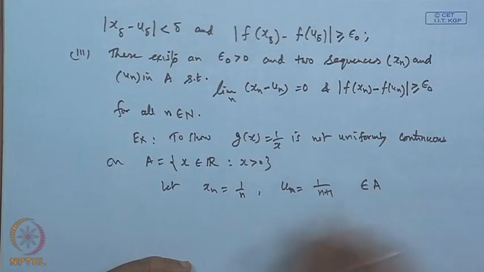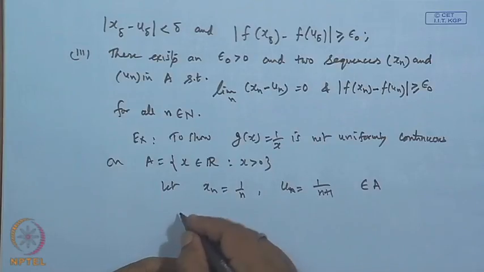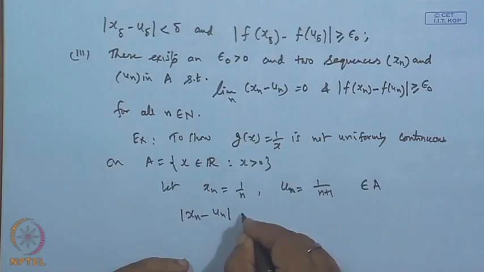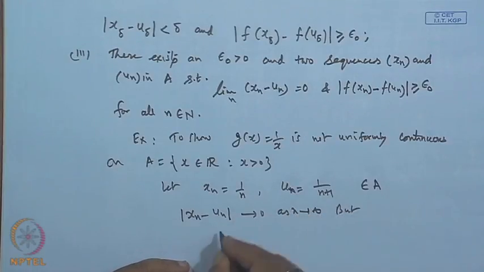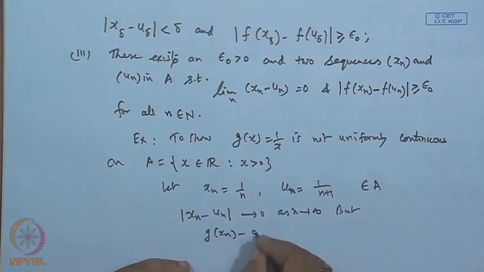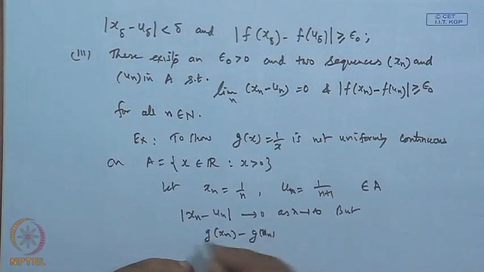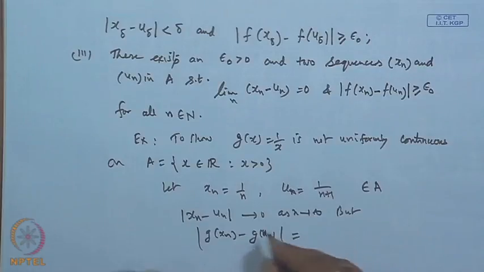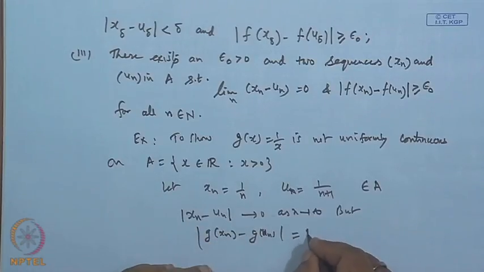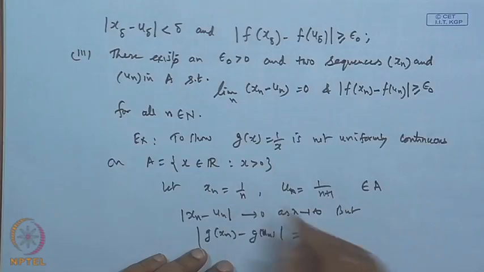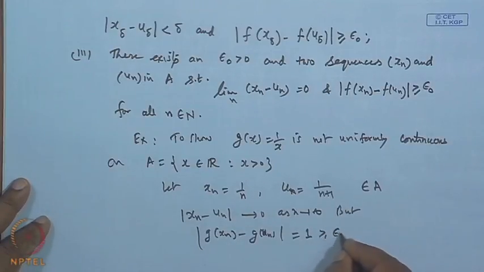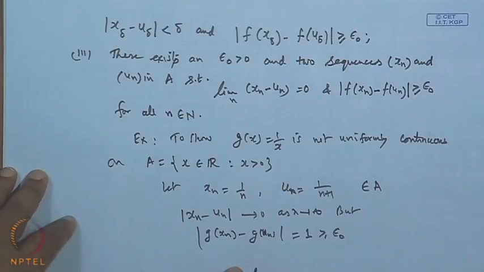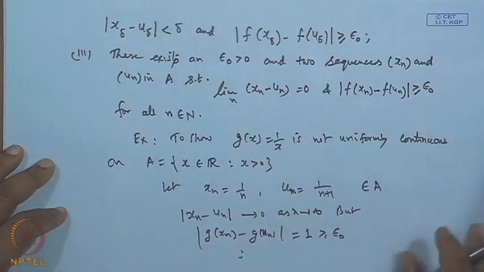Both are in A, and the difference of these two sequences, x n minus u n, goes to 0 as n tends to infinity. But what is mod of g of x n minus g of u n? g of x n is n, and g of u n is n plus 1, so the difference is 1, which does not go to 0. In fact, it is greater than or equal to some number epsilon naught. Therefore, g is not uniformly continuous.